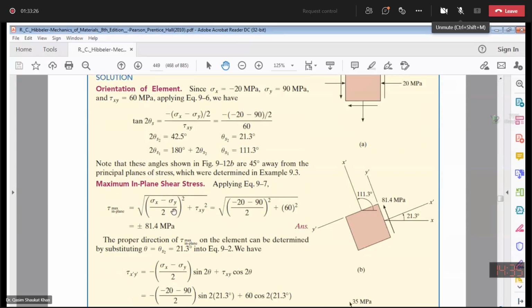So can you please calculate? From this expression, the maximum in-plane shear stress, you must get the same answer.